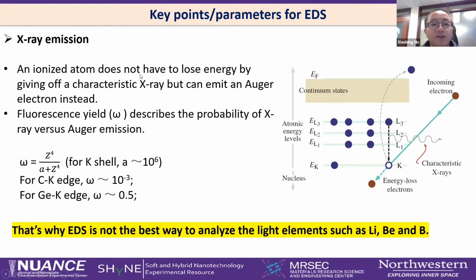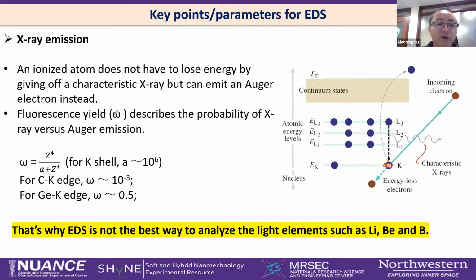When the electron interacts with your sample, your atom will be ionized. The ionized atom sometimes loses energy by giving off a characteristic X-ray. That means they can not only give off a characteristic X-ray, but also emit an Auger electron. So there are two possibilities.